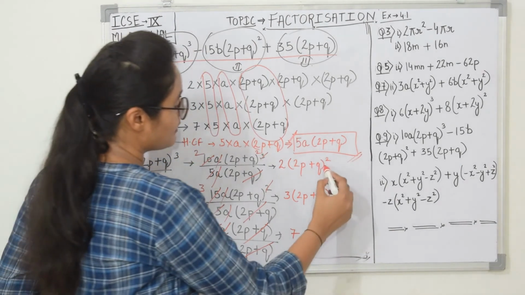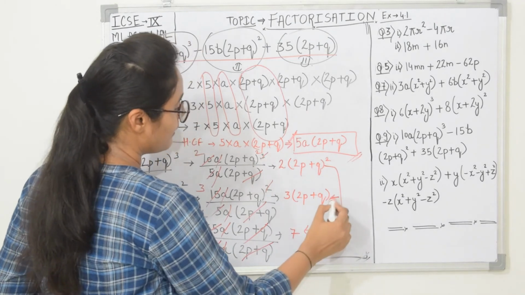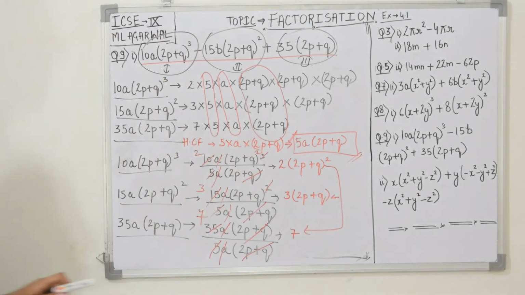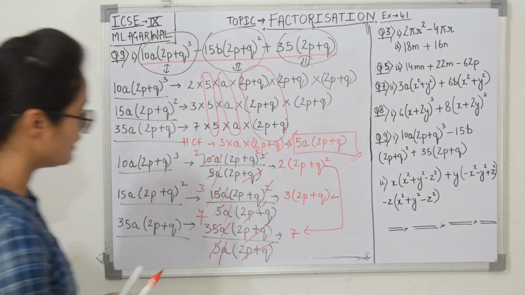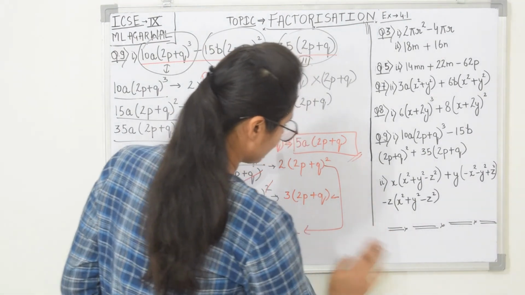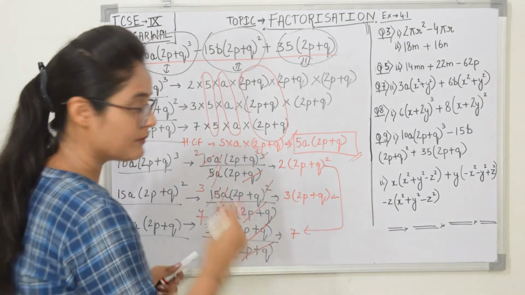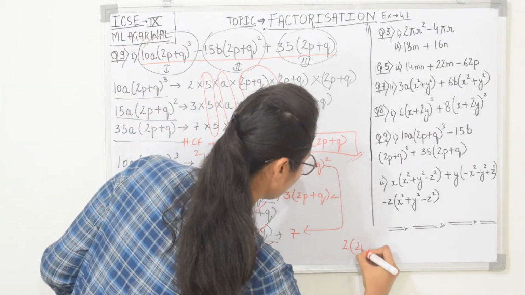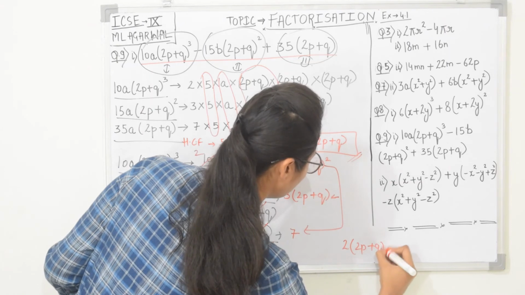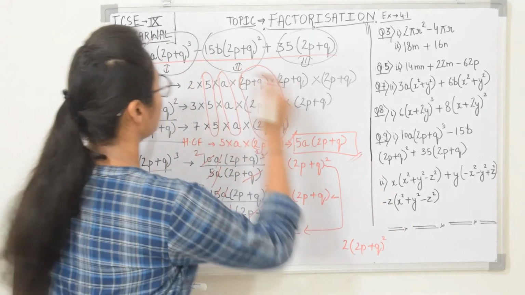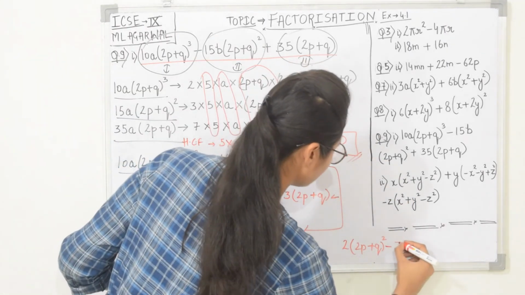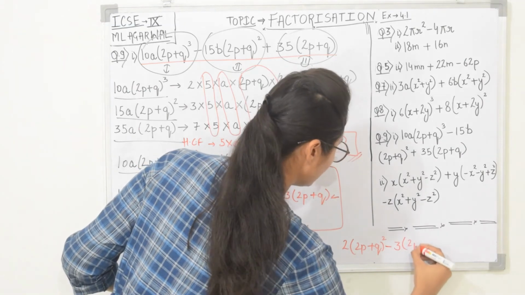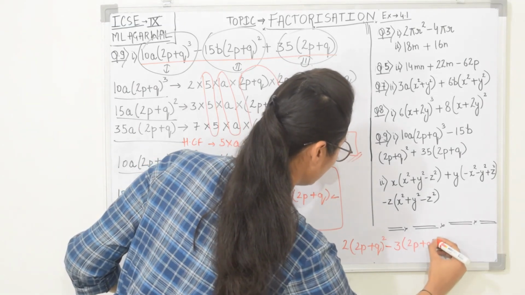Your last step is about combining all these 3 remainders which you have got. So now combining them is it, I am not having the space, I am just doing it right down here. So combining them is going to give you what? See, 2p plus q whole square. The sign between them is minus, combine them with this sign. Then 3 2p plus q.